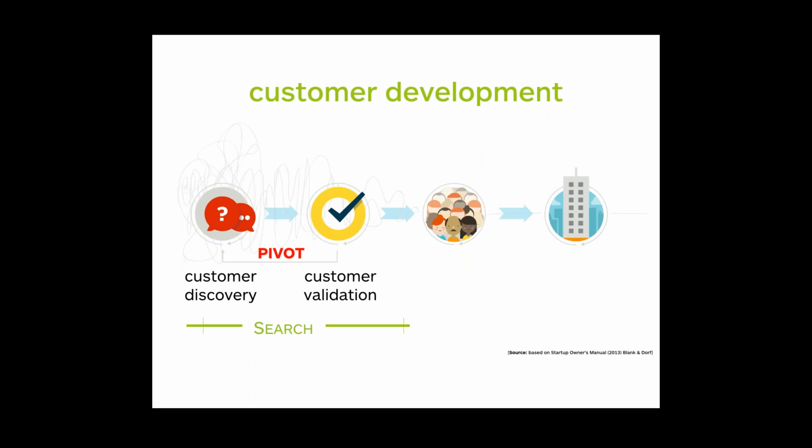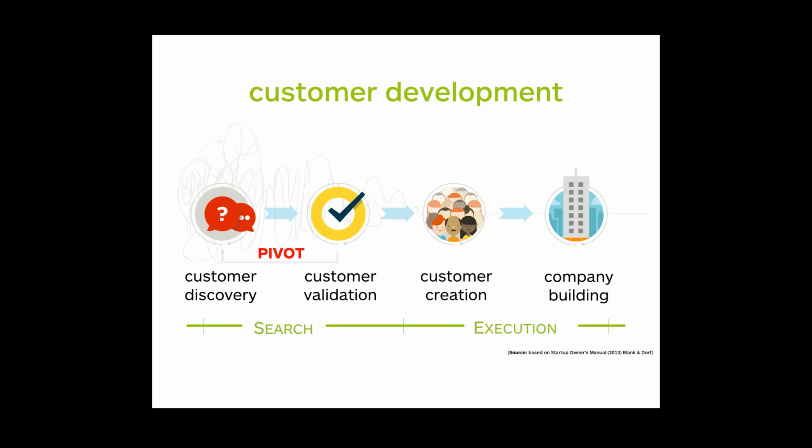And then we move into customer validation, which is into the testing mode. We're actually trying to validate that customers are willing to pay for the solution that we've got, and they're willing to pay for it in some form of a scarce resource, whether that's through their time, referrals to friends and family, other colleagues, through actual hard green cash, right?